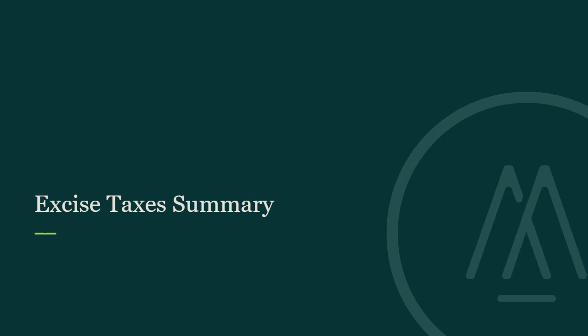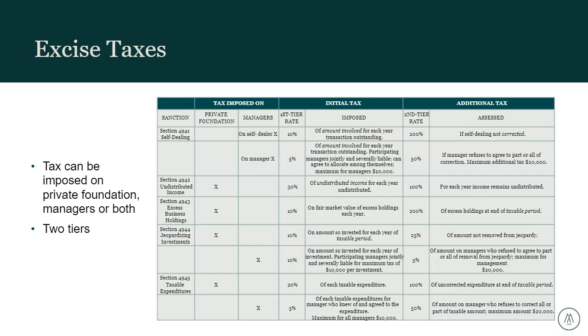I'm just going to touch quickly on excise tax summary. So this is kind of a nice summary of the different activities that private foundations are not allowed to do. Again, there's exceptions to all of these. So it has who the tax is imposed on, the initial tax, and then the additional tax that could be assessed.